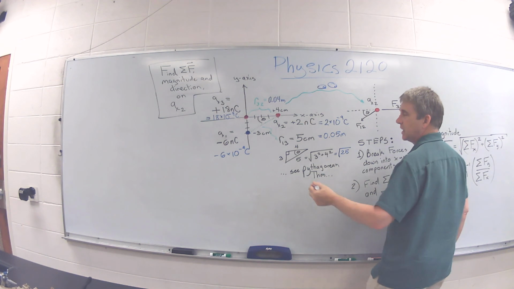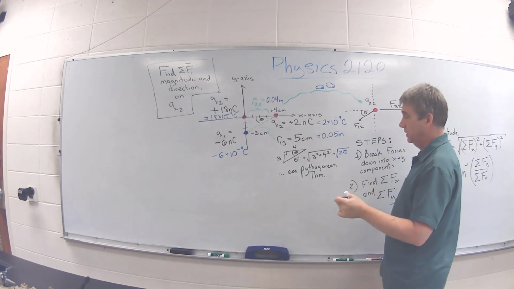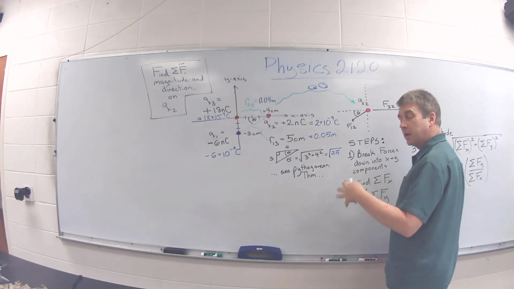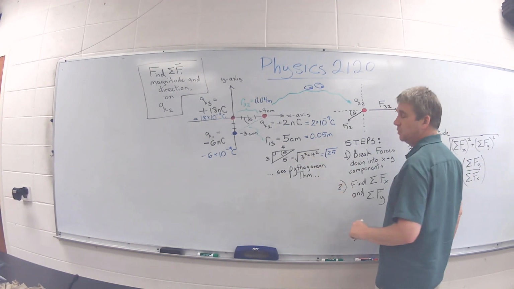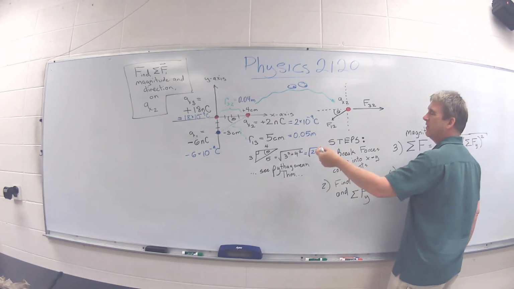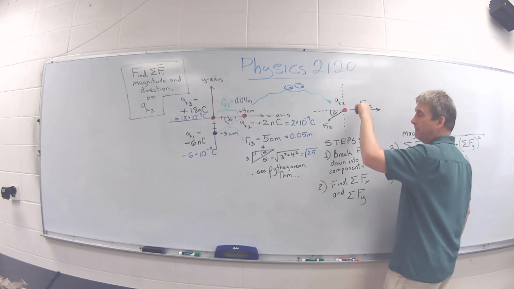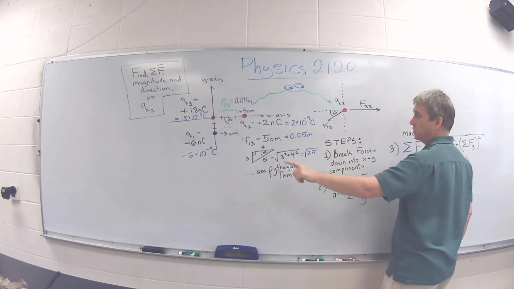You'll notice that I have an angle in here. These angles are very important. In this case, I'm not going to worry too much about exactly what that angle is just yet. I'm just going to keep up with it. But I know that force 1,2 points along that angle back toward charge 1.